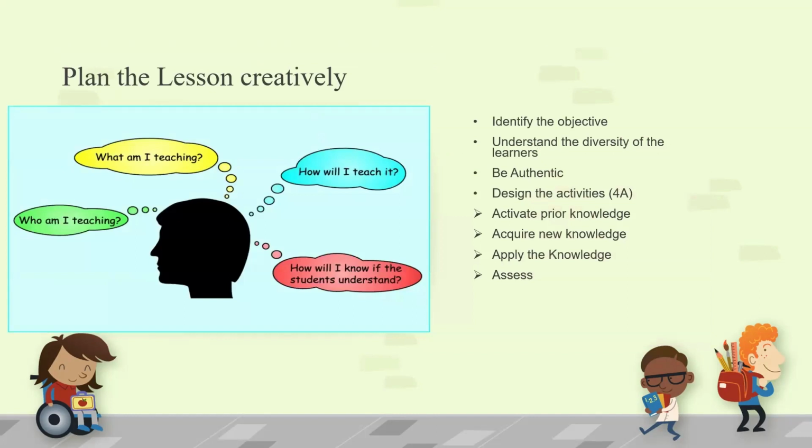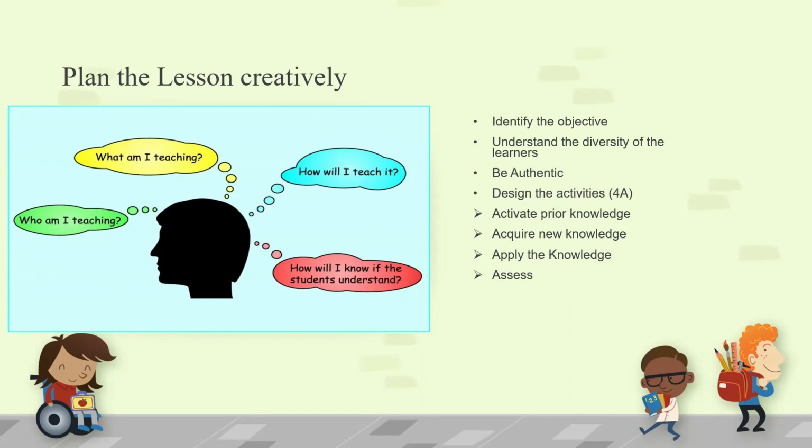Before we go to the lesson plan, I want to explain what are the main things in a lesson plan and how do we plan a lesson? What are the things we should consider as educators before we plan a lesson?